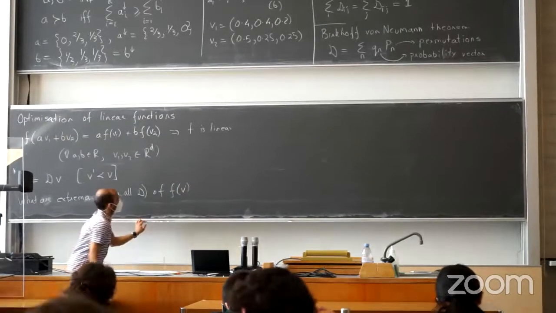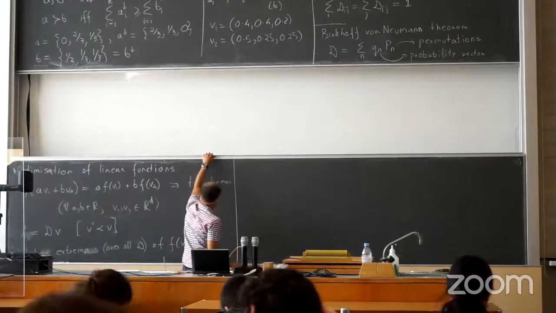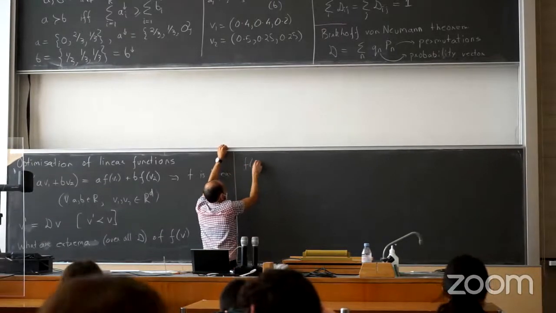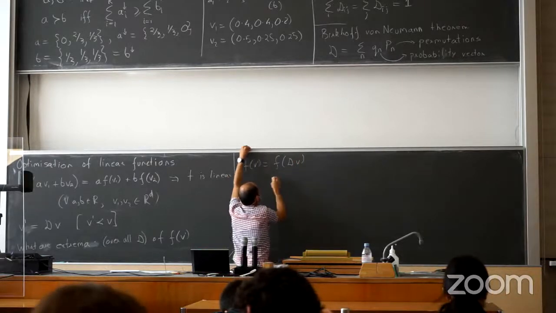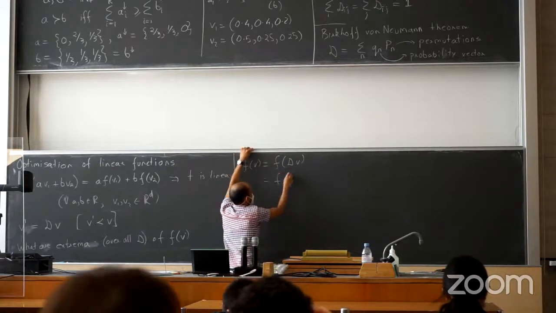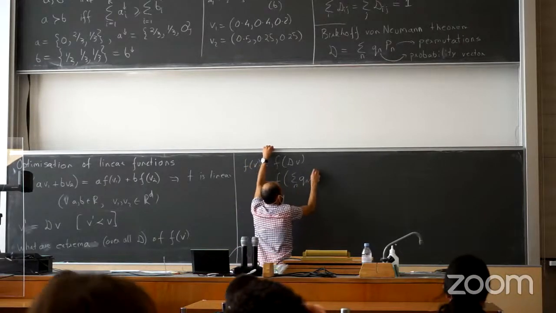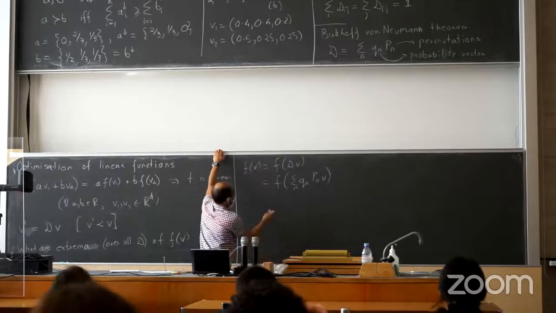And so now I use the fact that it's a linear function. I do it in a number of steps. I say f of B prime is f of DB, which in turn is f of the sum over n of Q_n P_n times B. But because it's a linear function, I can take it inside the bracket.